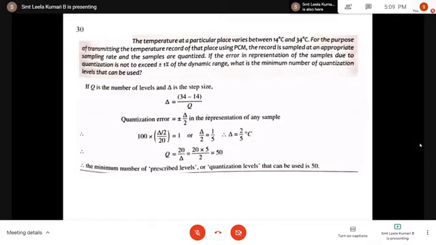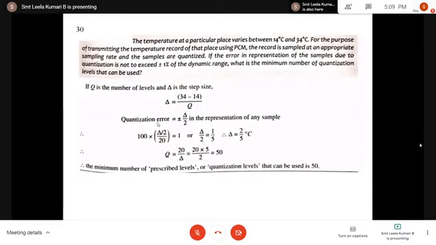So if delta by 2 is the maximum quantization error, this delta by 2 is equal to 0.01 into the dynamic range, that is 34 minus 14, which is 20. So the quantization error delta by 2 is equal to 0.01 because it is 1%, that is 1 by 100, into the dynamic range, that is 0.01 into 20 degrees.